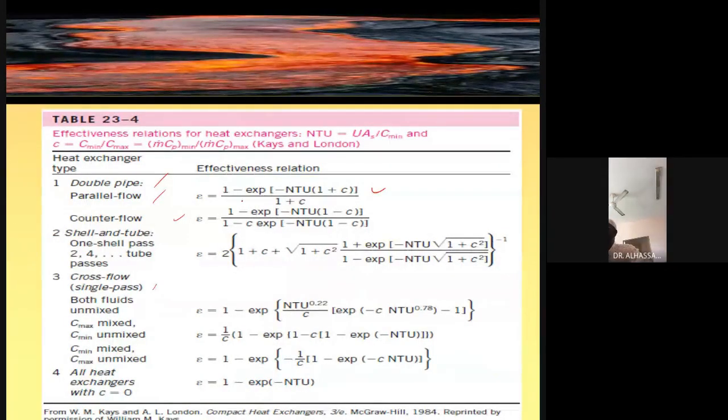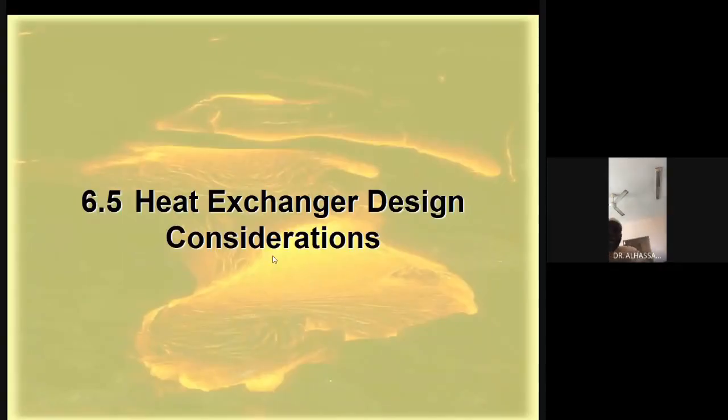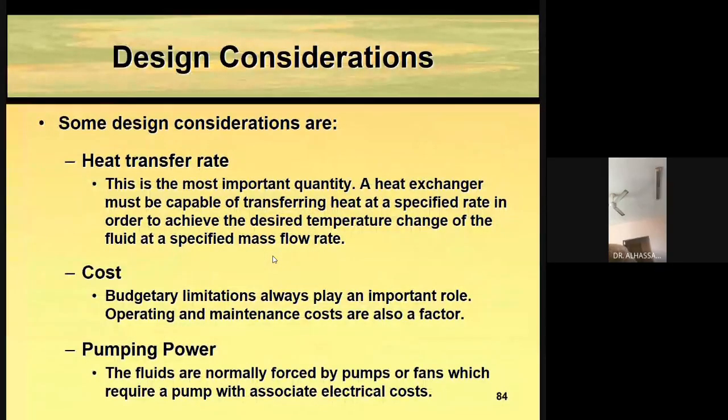So effectiveness is this. So the NTU can be determined using this equation. If you know the effectiveness, you know the capacity ratio, you can find the NTU. Later on we'll look at questions related to this area. So the final part is the design consideration for heat exchangers.